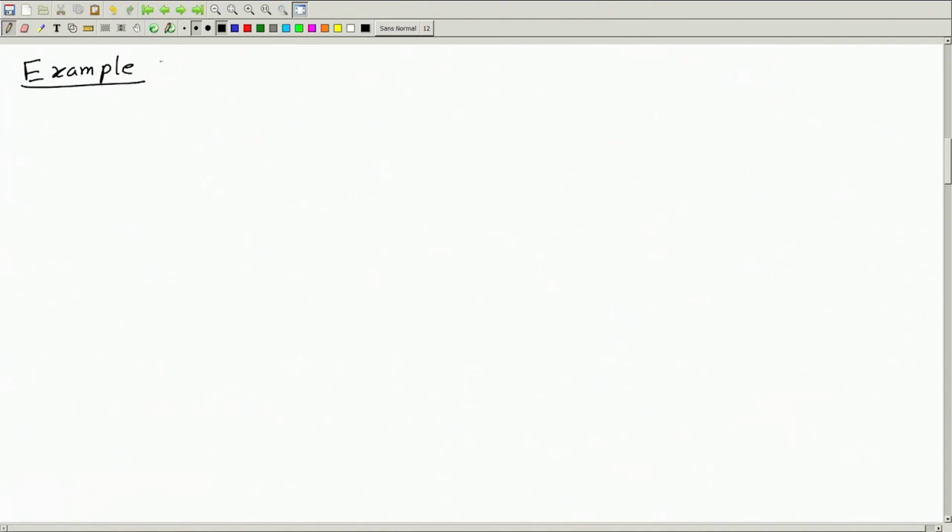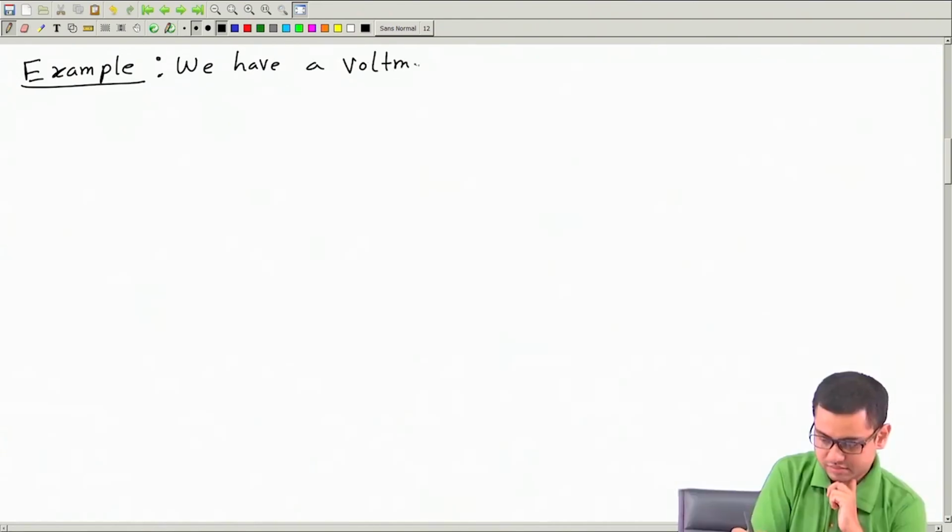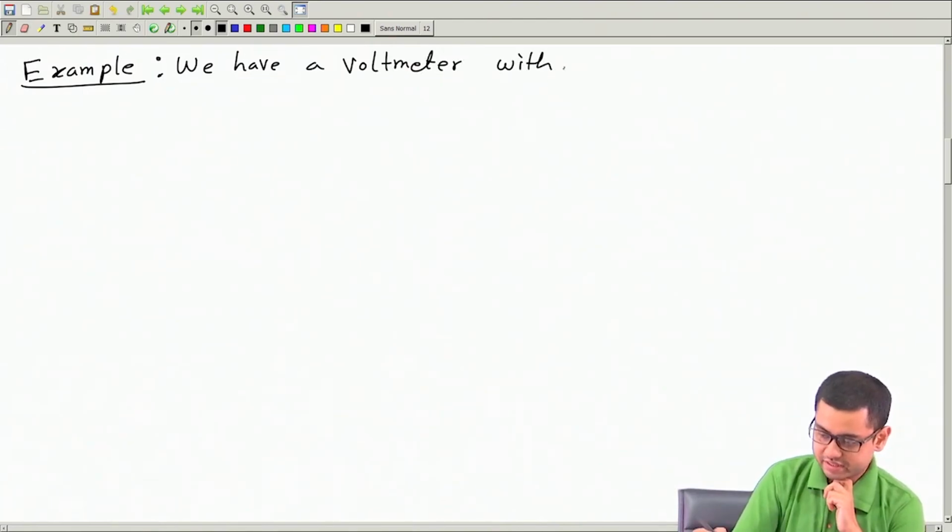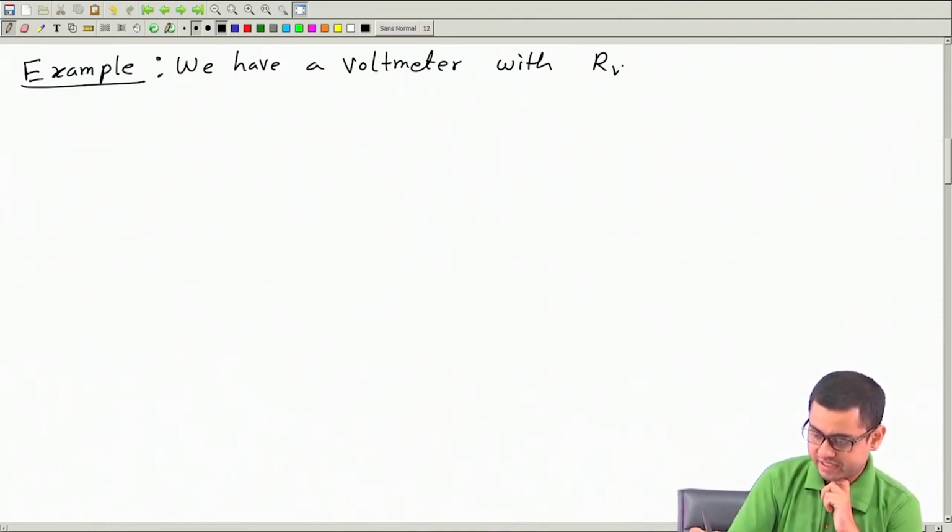Okay, suppose I have a voltmeter with, say, RV, the internal resistance of the voltmeter, equal to, let's take it, 1 kilo ohm.